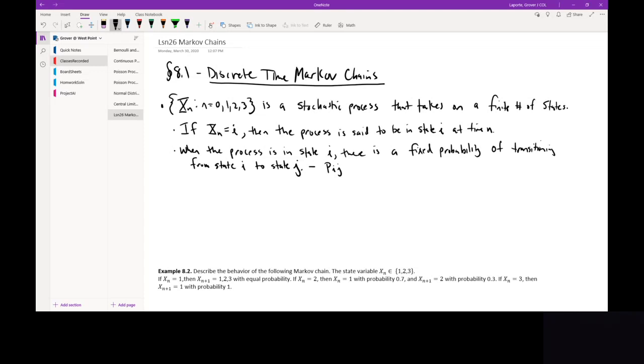So what is that probability statement? We're going to come back and put it in terms of probability.